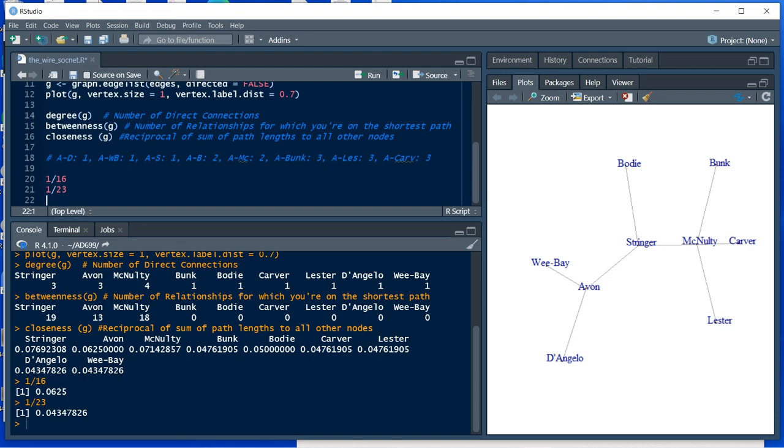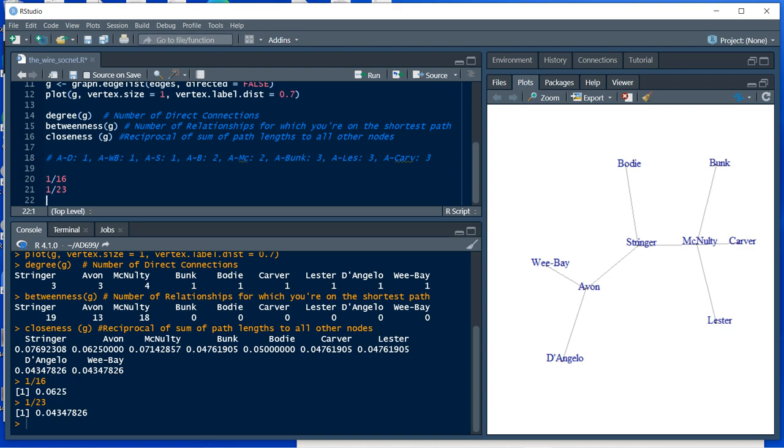And then finally, we'll pick the person with the highest closeness value, which is Stringer. So let's bang that one out, and then I'll wrap up after that. For Stringer, I'll work the left side first. We've got 1 to Avon.